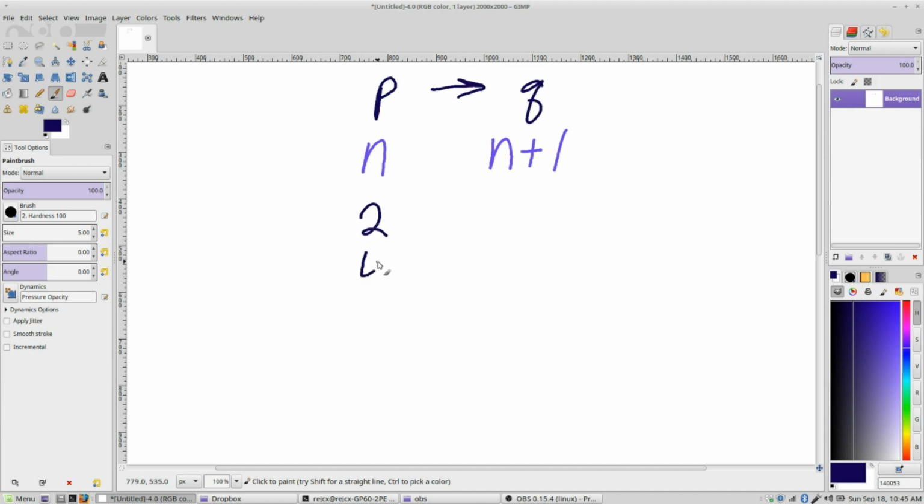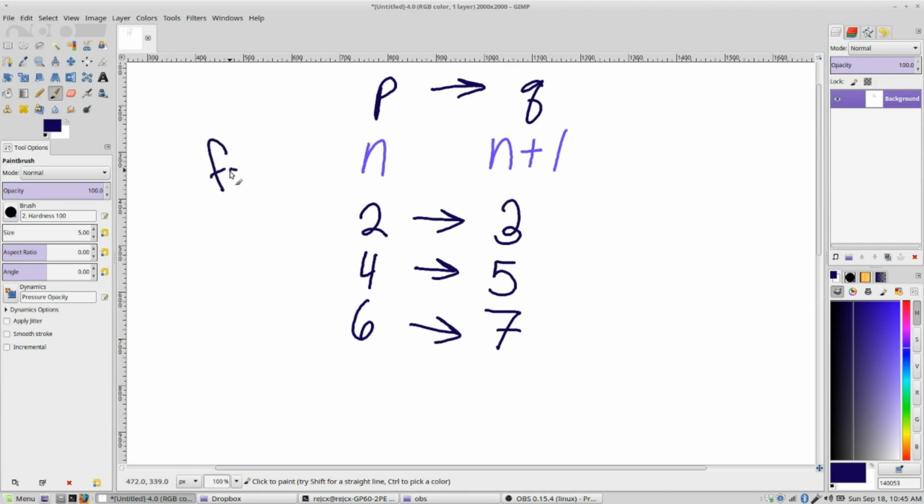It's not going to work if we have 3 or 5. So we have to choose some even number to play by the rules. And then we have to show that the result is false. So with each of these, none of these end up being an even number. So we can disprove just by example that this statement is incorrect or invalid or false.